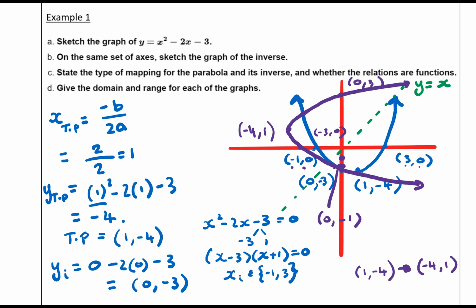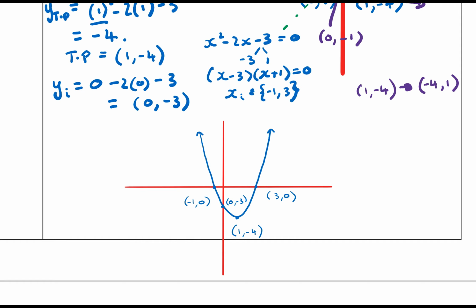We can see our graph for y equals f of x, and I might as well say there's x and y, and we know that (-1, 0) will become (0, -1). (3, 0) will become (0, 3).